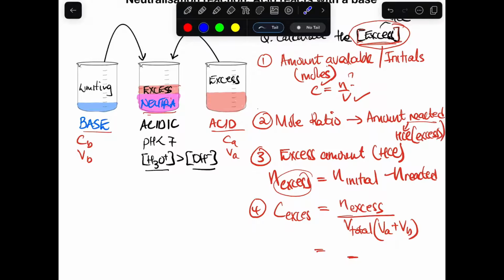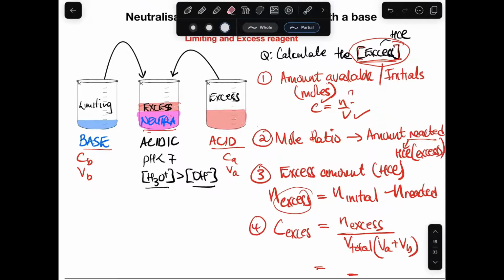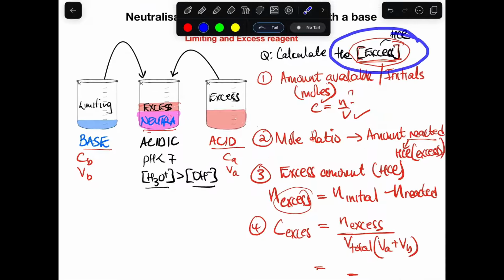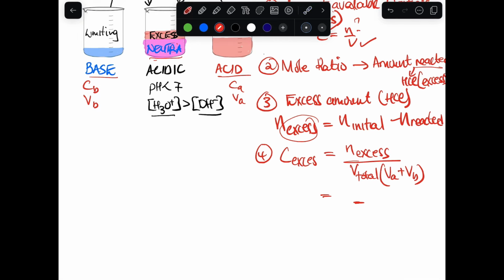Don't forget the units. Now, the 5th step here, you answered this question, right? But now, if the question was saying calculate the pH of the final solution.